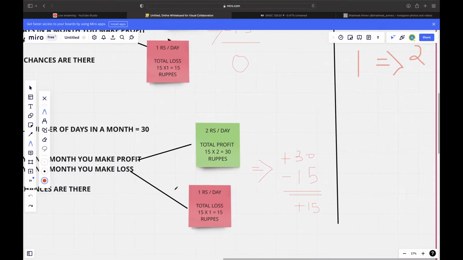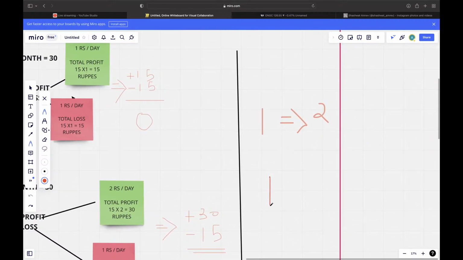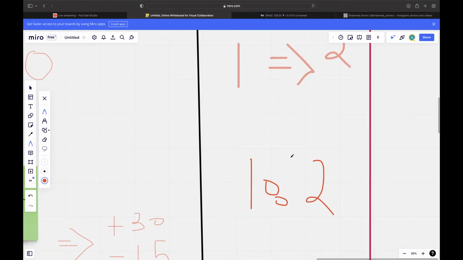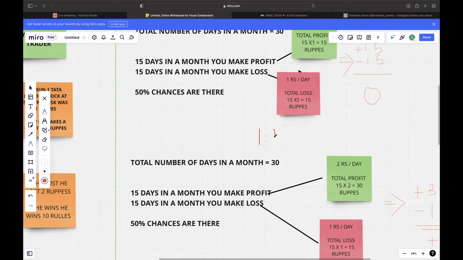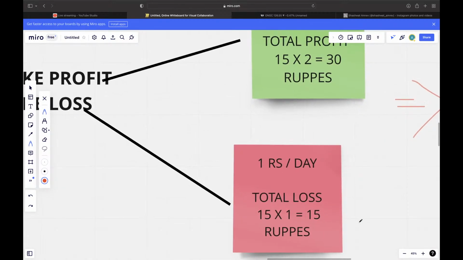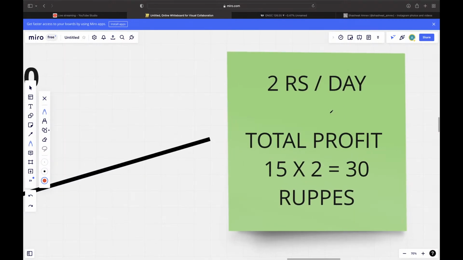So the logic is always follow 1 risk reward 2, meaning 1:2. What is 1:2? Basically you are losing 1 rupee in case of 2 rupees. So at least whenever you lose, lose only 1, and whenever you're making, make sure you make more.